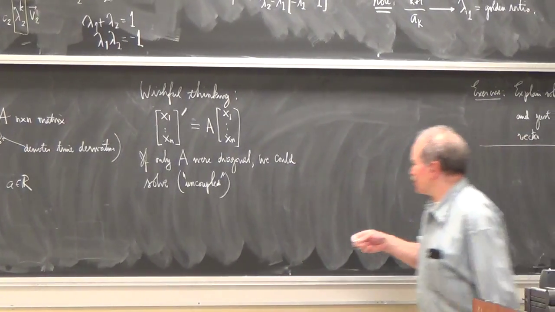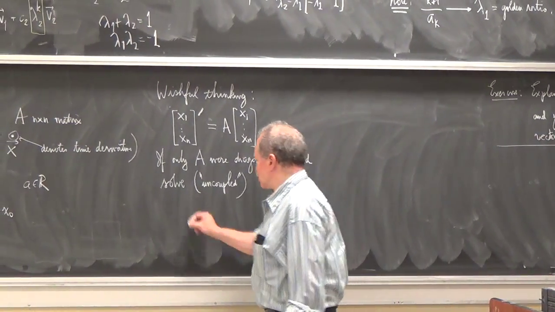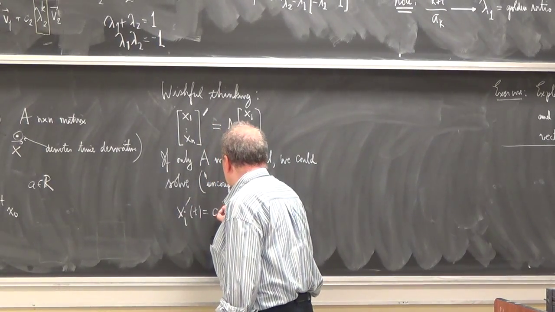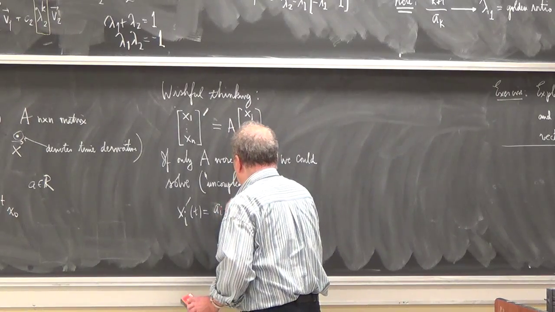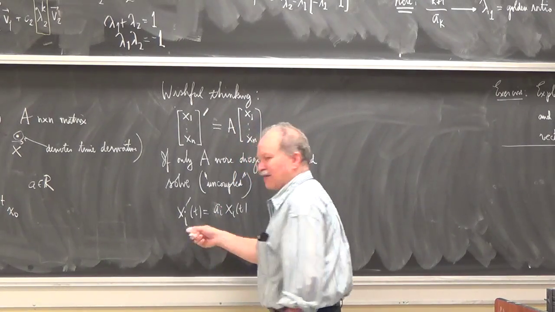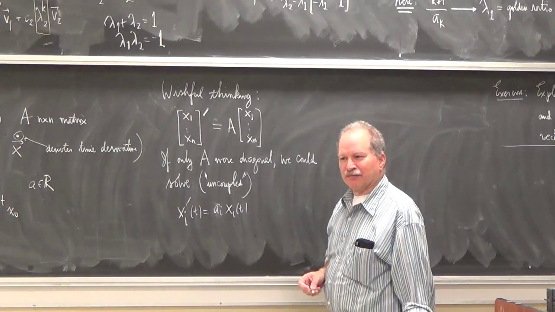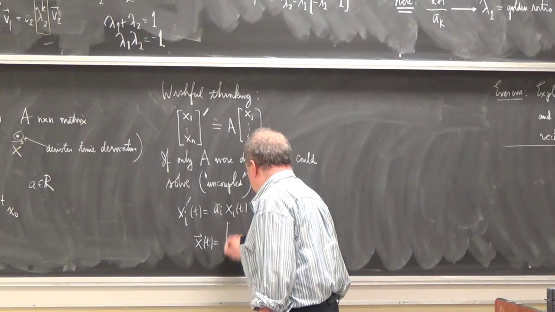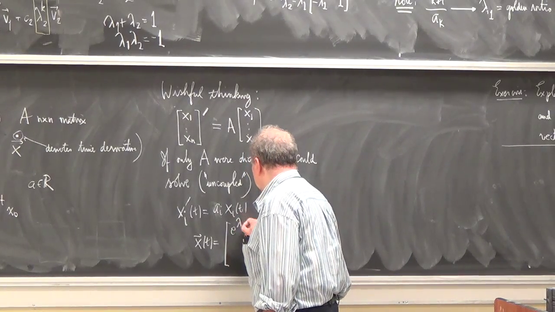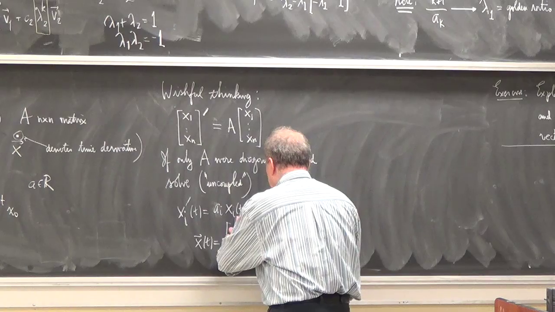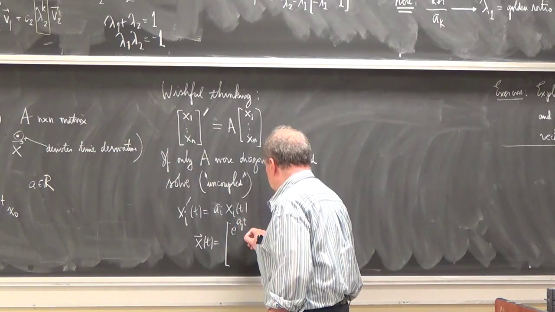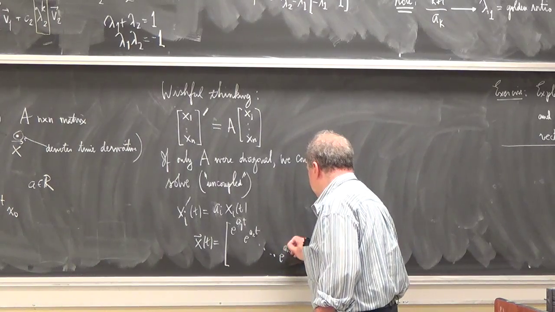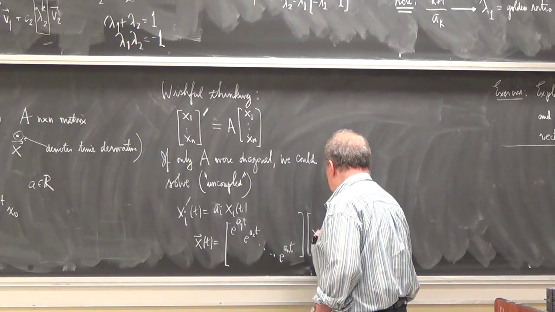With a diagonal matrix, you would have x_i given by some constant a_i times itself, and a solution in terms of exponentials for all of them. You would get a vector function e to the a1 t, e to the a2 t, and so on, down to e to the an t, times your initial vector.